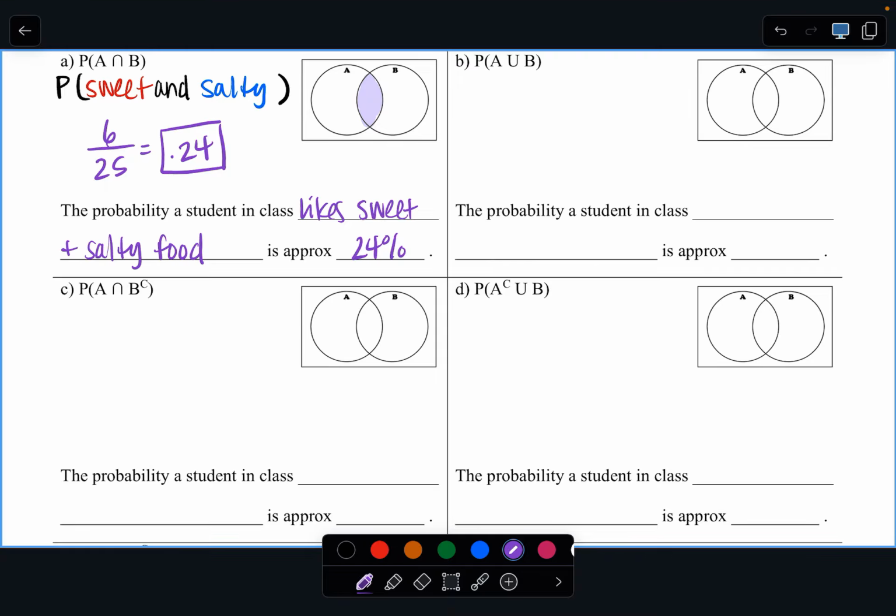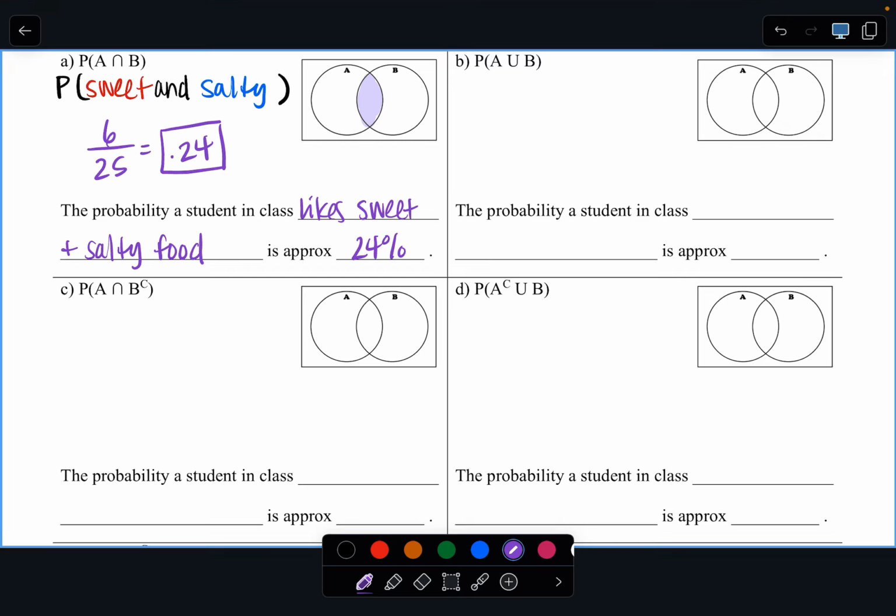If you did have to round, so say you are getting a long decimal value, that's when we say that we are approximating it to be this. This was exactly 0.24, so you don't need it. If you include it, it's not wrong, so that's why I say better safe than sorry, but you didn't really need to round.